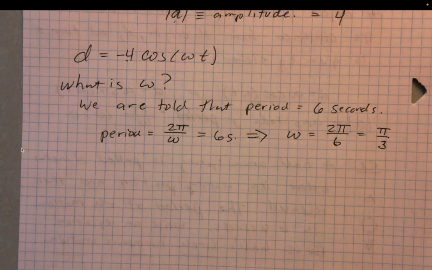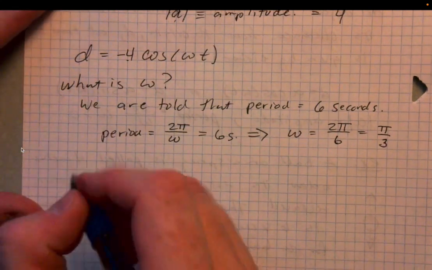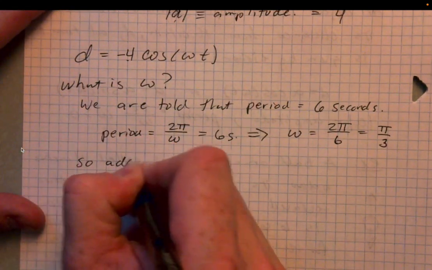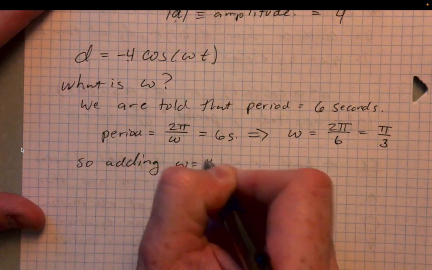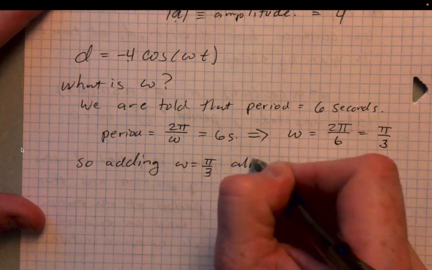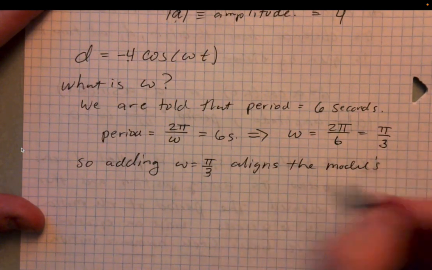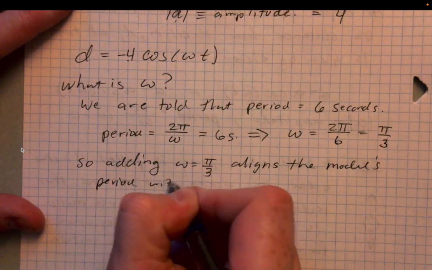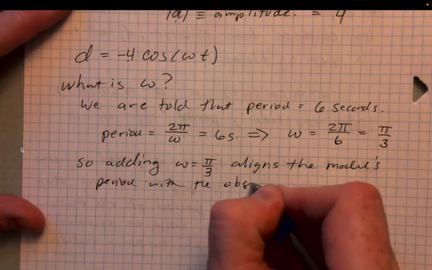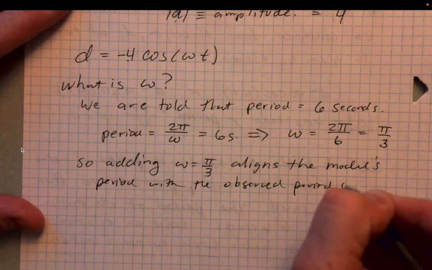Okay? And so what that's going to do, it's going to say, let's stretch or shrink this period so that it aligns with whatever we plug in for t, and t in this case is in seconds. So setting omega equal to pi over 3 aligns the model's period with, in this case, the observed period of 6 seconds.